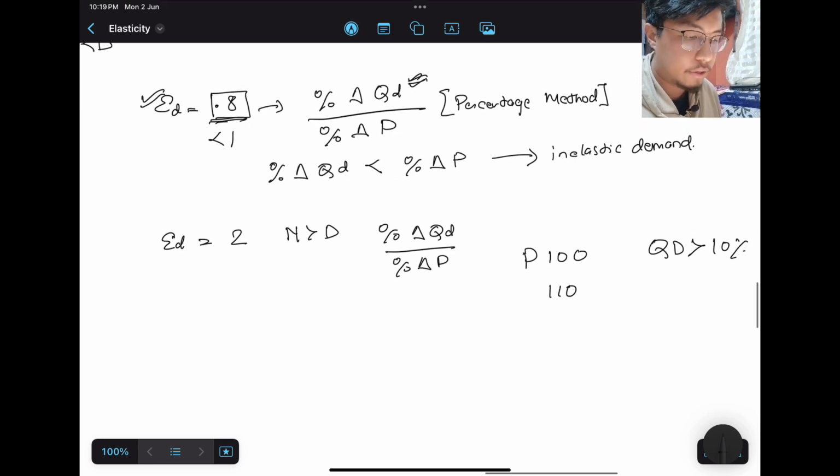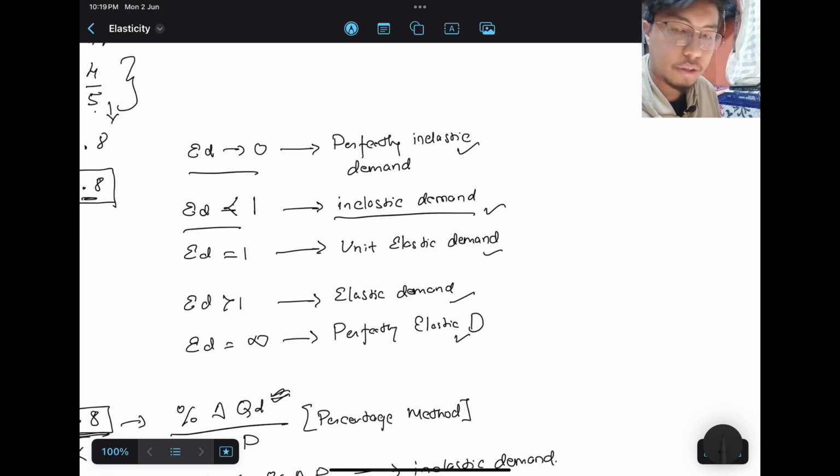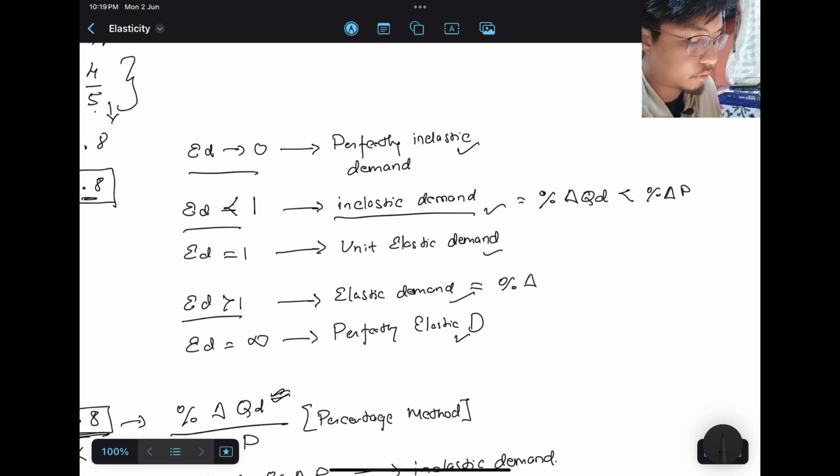Okay, so immediately when you say inelastic demand, you'll have to be like, okay, the percentage change in quantity demanded was less than the percentage change in prices. Or elastic demand, when your ED is more than 1, you'll have to be like, okay, percentage change in quantity demanded was more than the percentage change in prices.